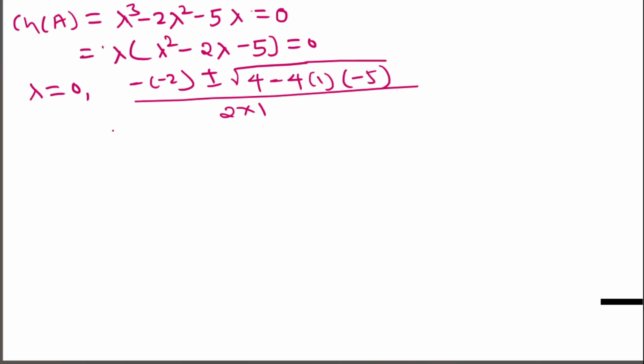Hence minus of minus 2 is plus 2, plus or minus root of 4 plus 20, whole divided by 2.